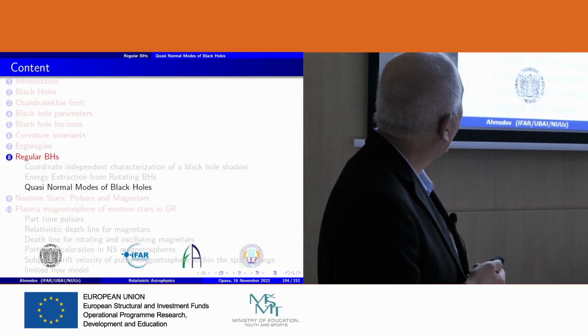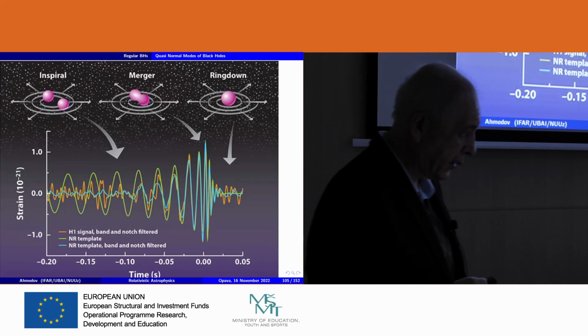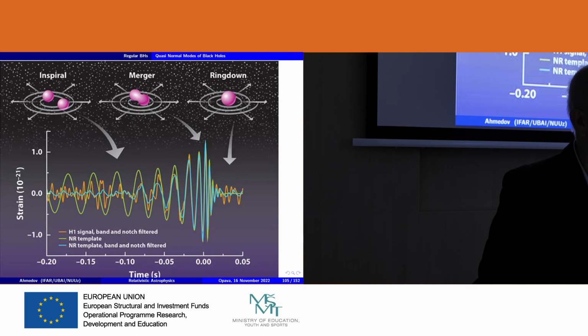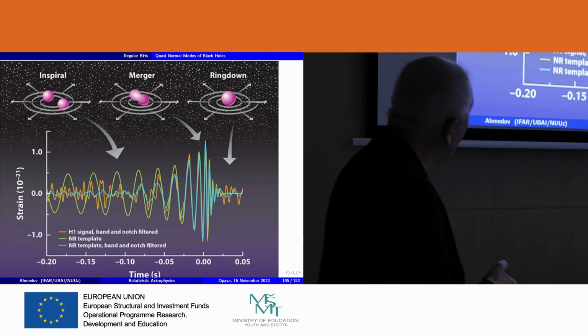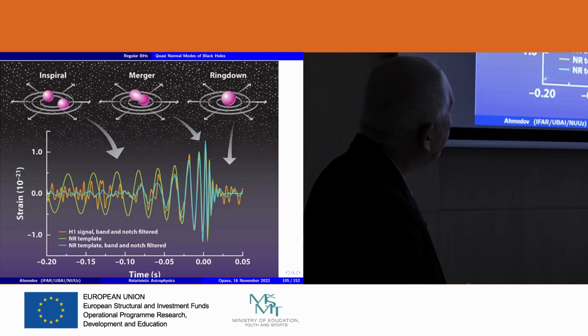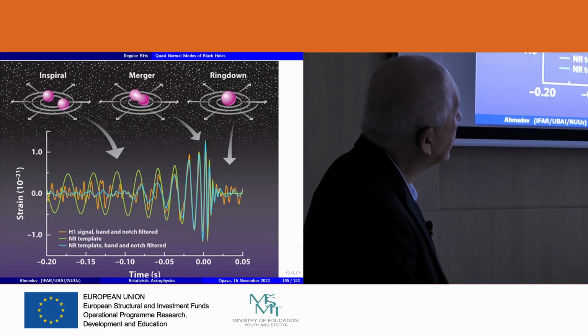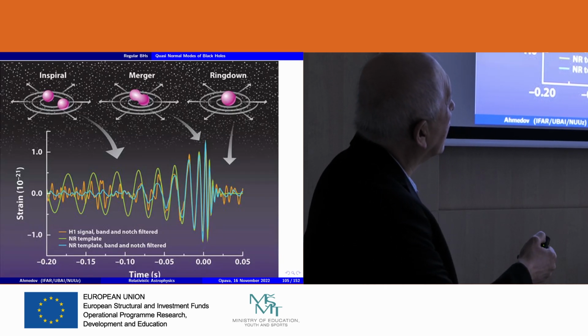And another thing which is very interesting, in which Bobber is interested: when you look at the collision of two black holes, here you see the time. Here we have the merger, and it is the total signal.